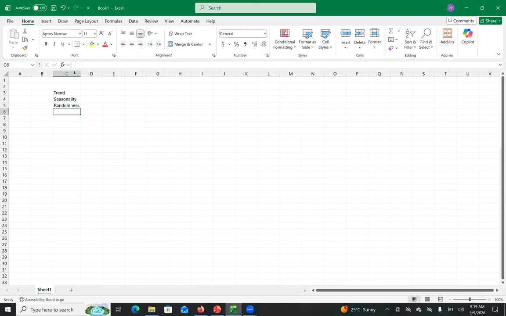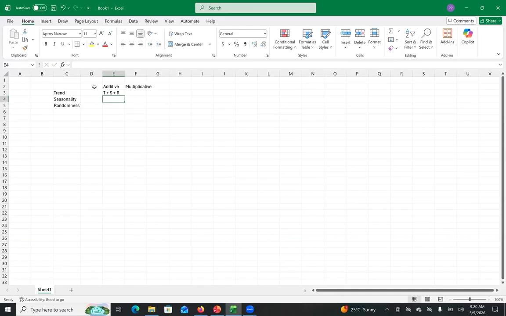Now these three components can either be combined together in an additive way or a multiplicative way. I'll show you the examples. So these three components, trend, seasonality, and randomness, can either be combined in an additive way, where we say the trend component plus the seasonality component plus the randomness component makes our time series.